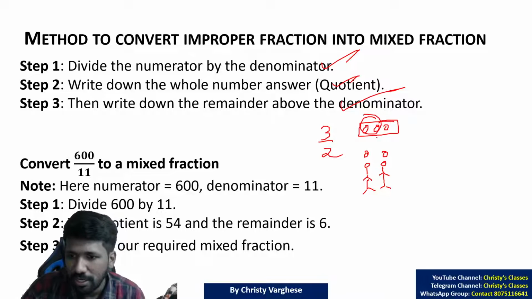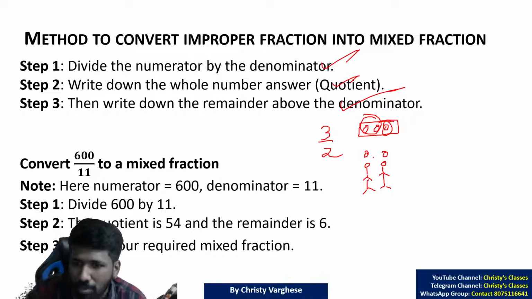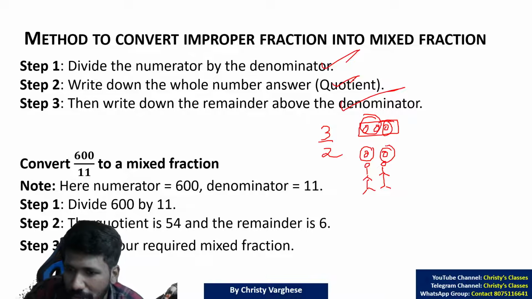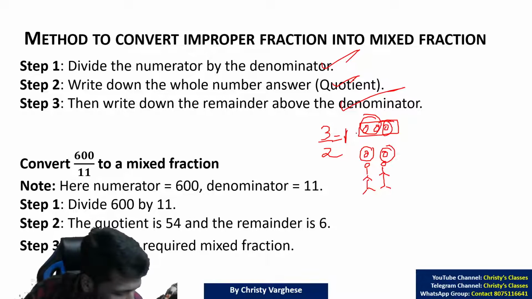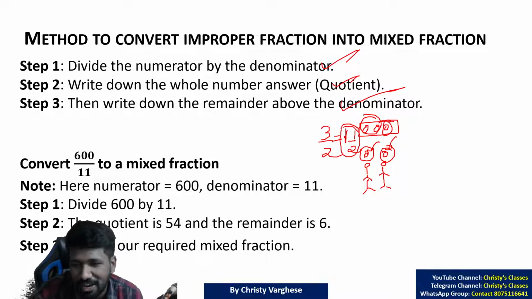So 2 mangoes done. Then when I try to give 1 more mango to each, there is no more mango. So I gave 1 mango to each, that means the quotient is 1. Then what is remaining? 1 mango remaining, that cannot be given in natural numbers to these 2 people. So we can say half mango is remaining.